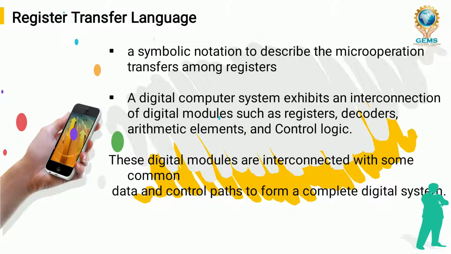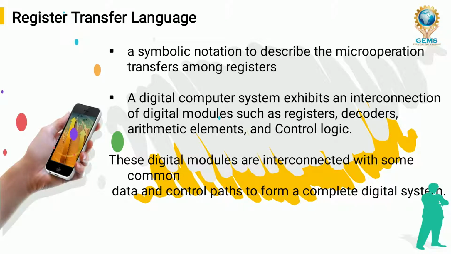Now I want to focus on register transfer language, as this unit talks about register transfer language and micro operations. Micro operations are the operations performed on data, such as arithmetic operations, memory operations or logical operations. We perform different types of operations on data, and these are called micro operations.